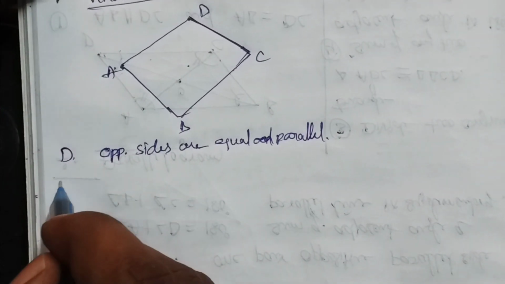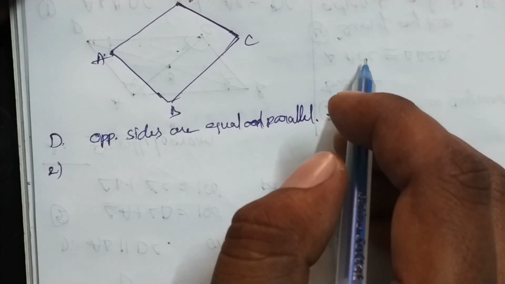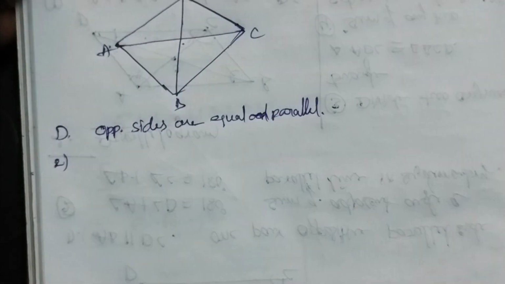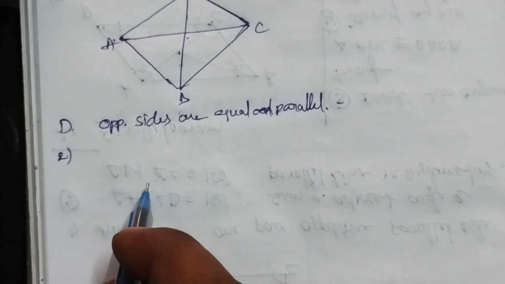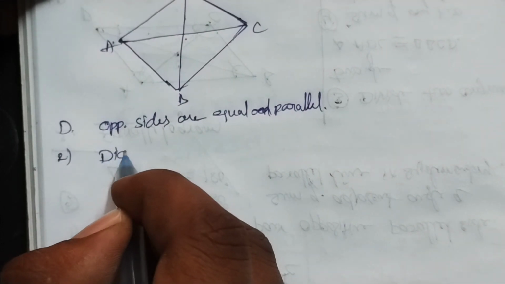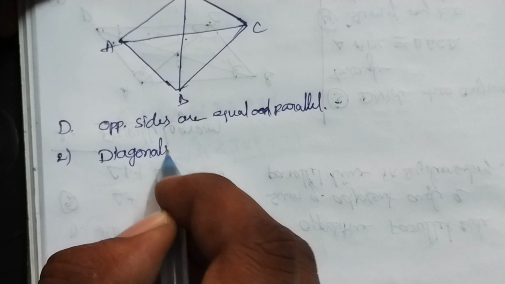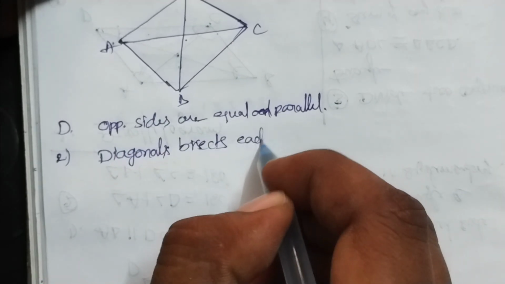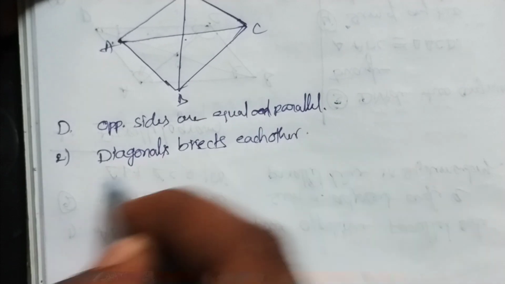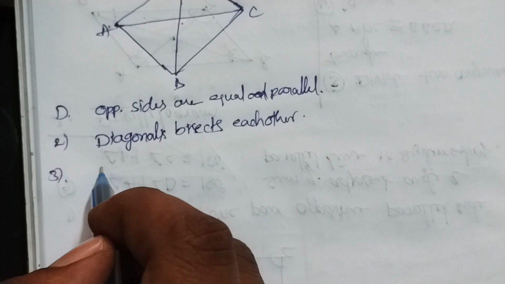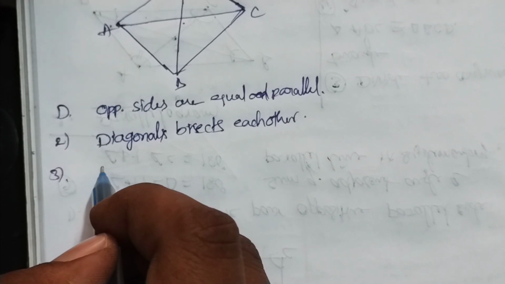And second, coming to diagonals. Diagonals bisect each other. Next, coming to angles.